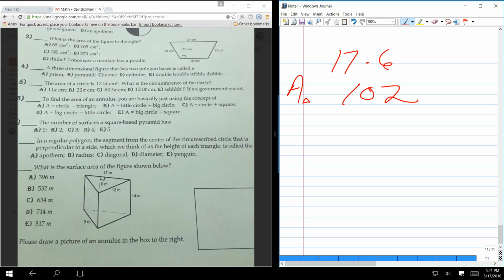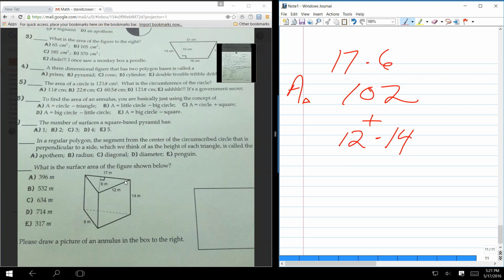And now how many faces are there, lateral faces? Do 12 by 14 to get one, 9 by 14 to get one, and 17 by 14 to get one. Hold on, I don't think so, unless I'm looking at it wrong. 12 by 14 gives you this one.